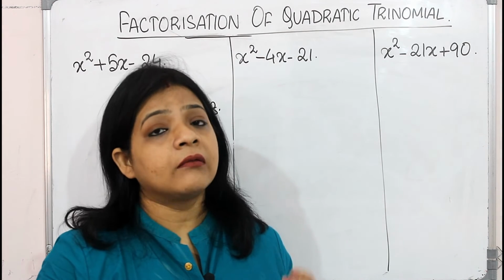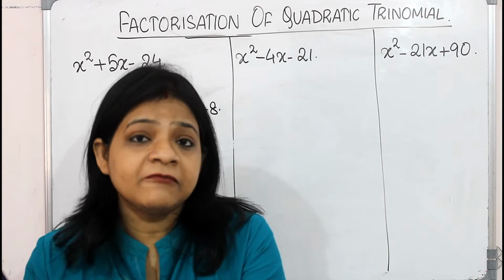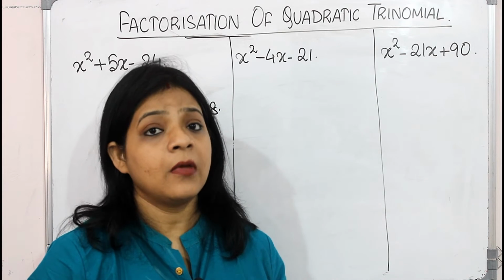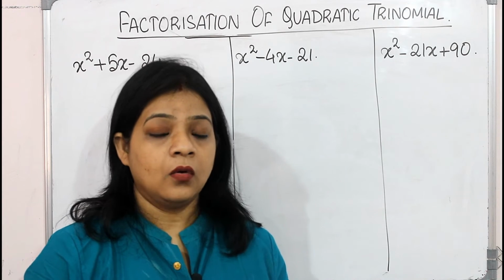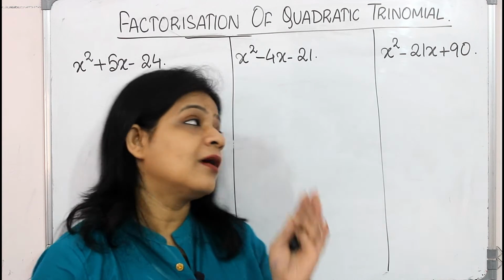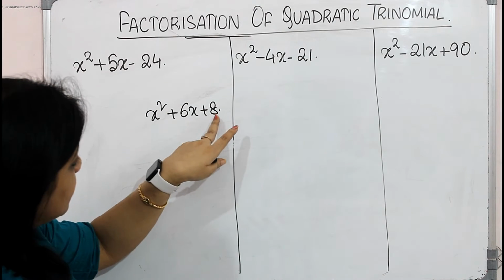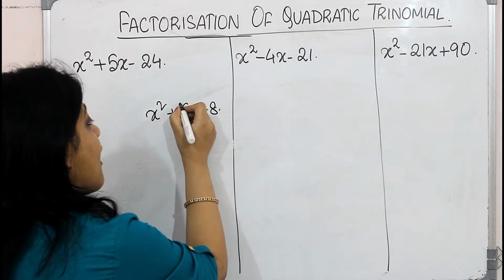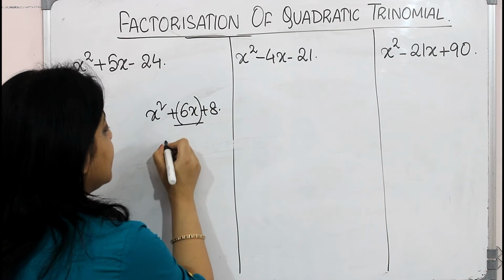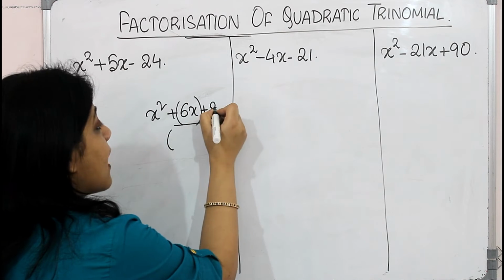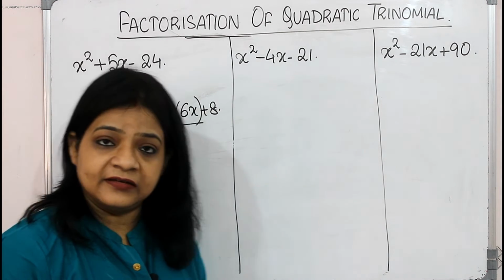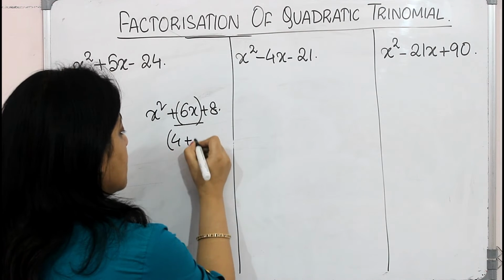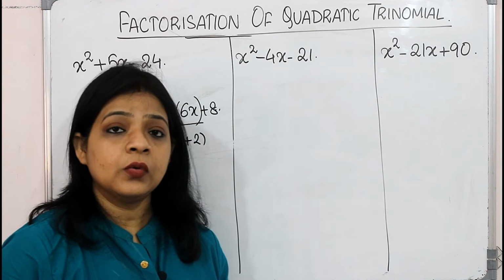So if there is a negative sign before the third term, what do you need to do? Like in the previous case, a positive sign was there before the third term, so you expressed the middle term as the sum of the factors of 8, like 4 plus 2. So 4 into 2 gives you 8.